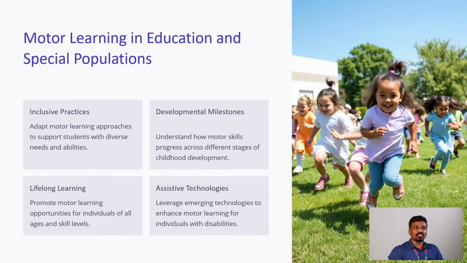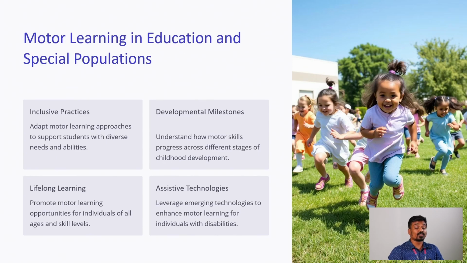Motor learning in education and special populations. Motor learning has a powerful application in education, like I mentioned earlier, especially when considering diverse learning needs. Here's how motor learning is applied in education for the special populations. The inclusive practices.